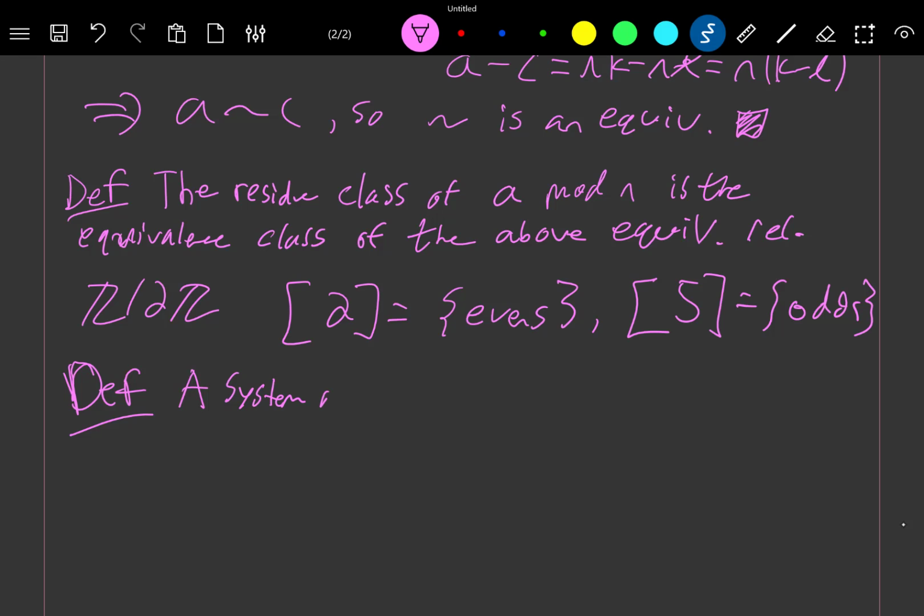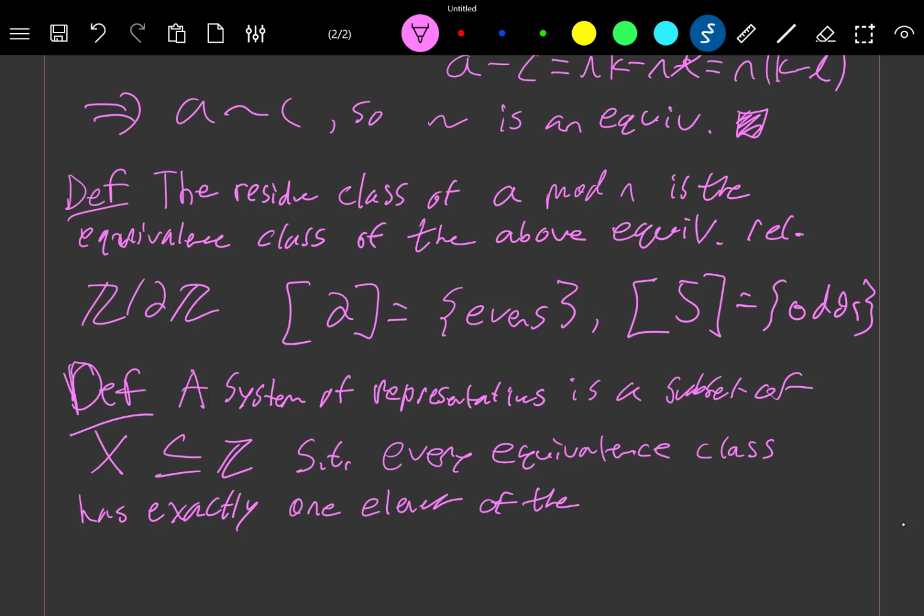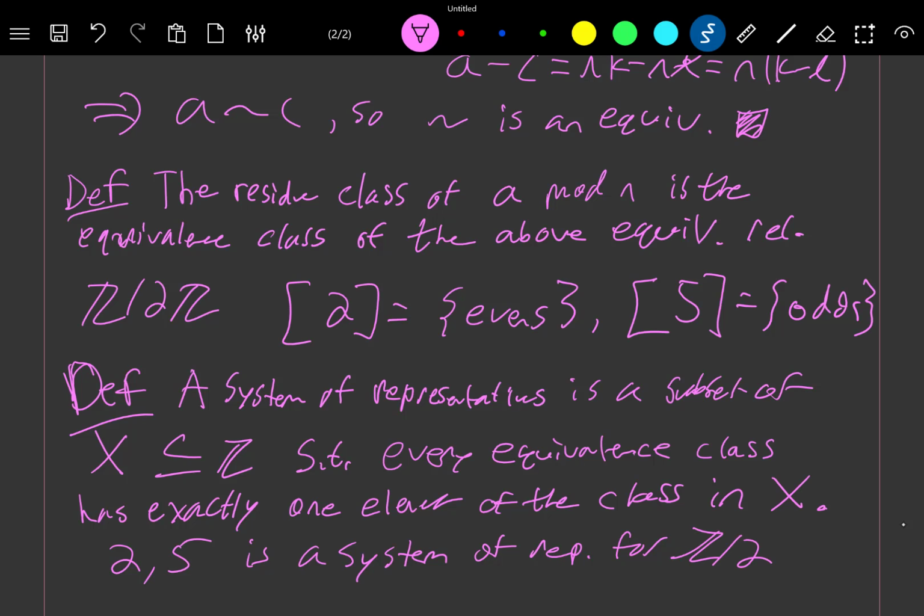A system of representatives is a subset of Z, maybe I should call this subset something, say X, a subset of Z, such that every equivalence class has exactly one element of the class in X. So going back to the example of Z mod 2Z, we have that 2 and 5 is a system of representatives for Z mod 2Z.